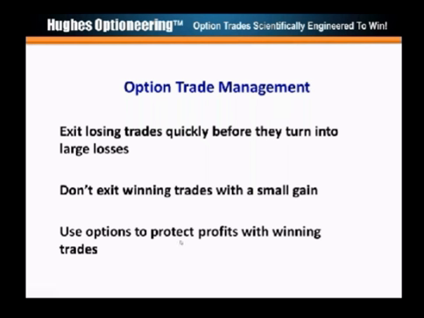The third rule is we use options to protect any profits that we have on winning trades. So the trade management is just as important as the trade selection. You want to exit a losing trade quickly, and if the trade works out and you have a profit, then you want to use options to protect those profits.